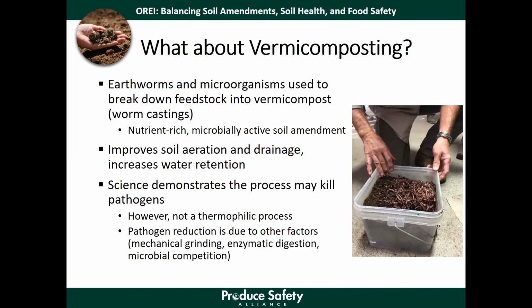So science shows that the process of vermicomposting, so starting off with a feedstock, it might be manure-based, it might be vegetative or green waste-based, but the process of using worms to break down the feedstock, it may kill pathogens.